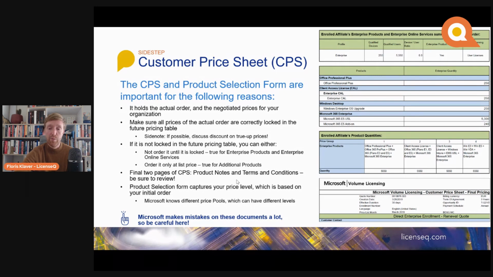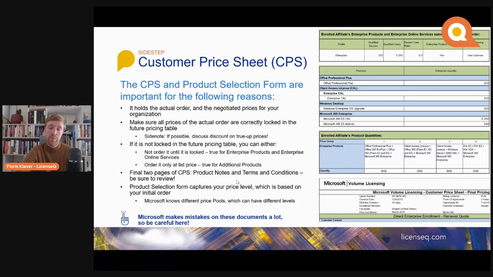So for all enterprise products that you will order, you will qualify for level B. For price group number 2, that's additional products that are listed in the server group, you will also get level B. Pricing group number 3 is applications. You will get level B as well. And price group number 4 is what they call systems, and you will get level B as well.